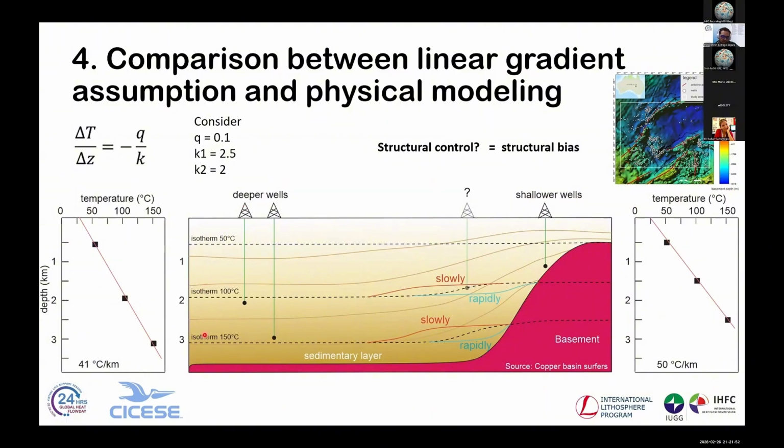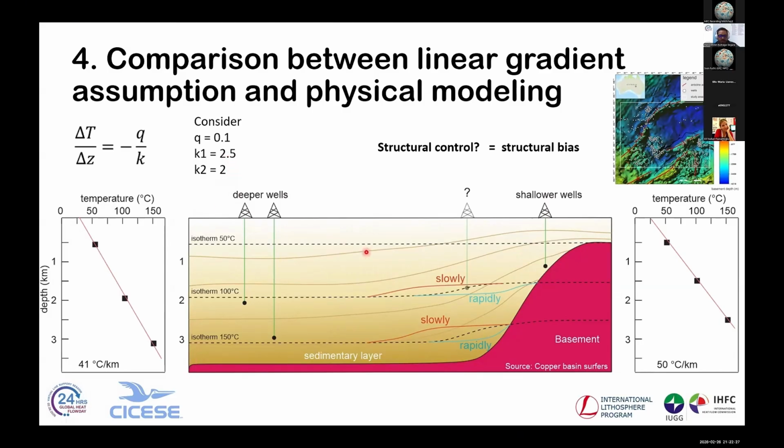So this left part of this figure could be similar to the depocenter in our basin, and on the right we can see the basement height and how the well depth is being controlled by the basement topography.